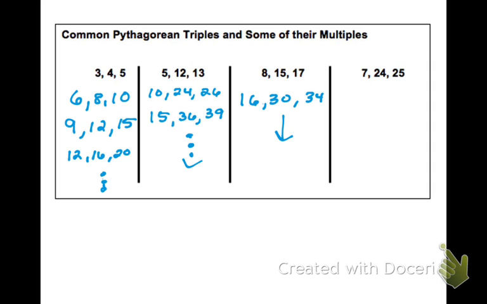And then 7, 24, 25. You do not need to have these memorized. It's kind of nice to memorize them so you can come up with quick answers. If you can memorize the basic ones, like 3, 4, 5 and 5, 12, 13, then you can get the others by just doing your scalars.